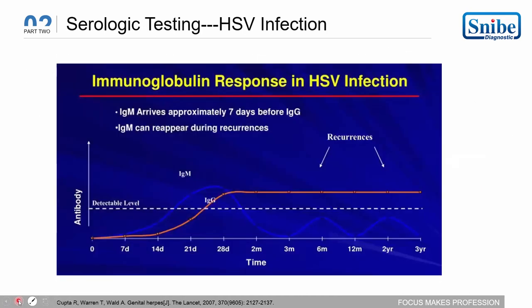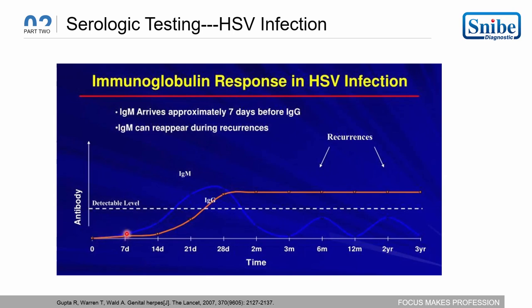If you talk about the immunoglobulin response in herpes simplex infection, you can see that IgM arrives approximately 7 days before IgG, and IgM can reappear during recurrence. You can see the antibody titers from day 0 of exposure to 7 days.